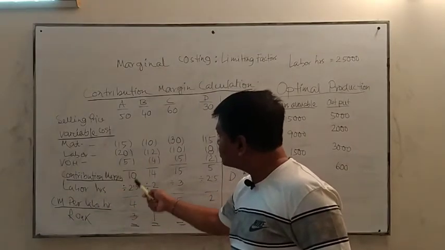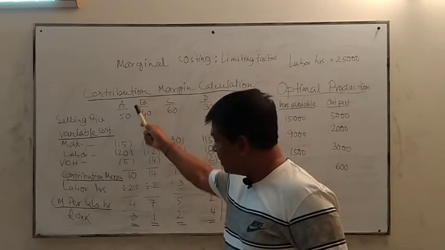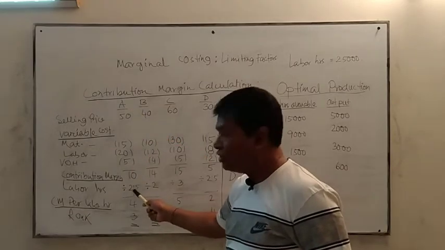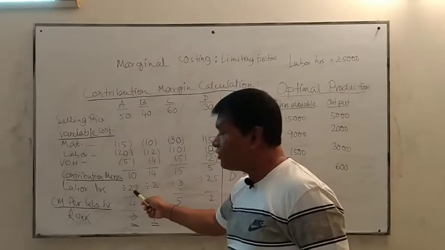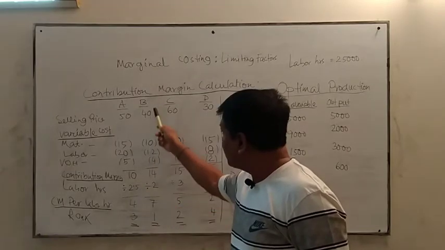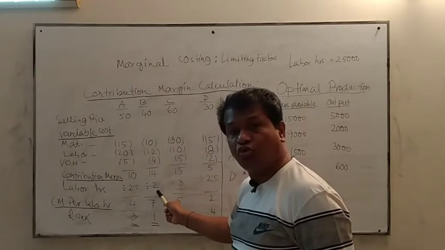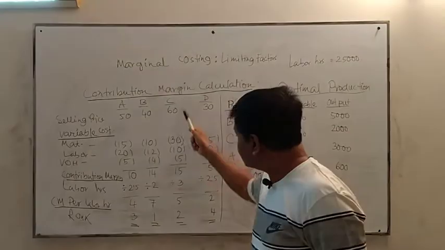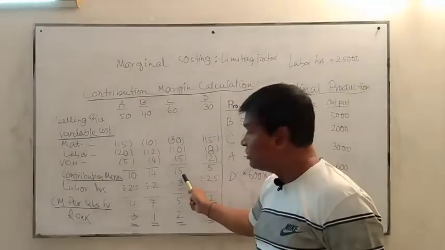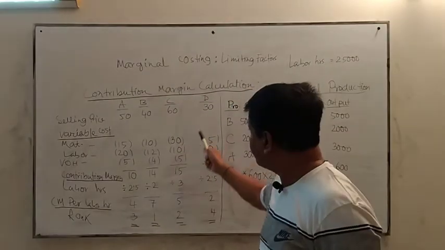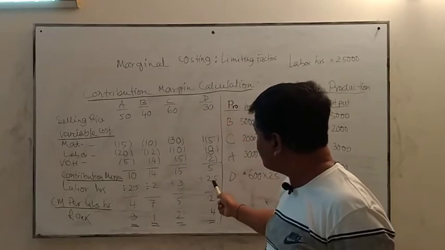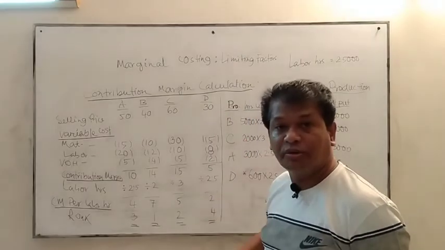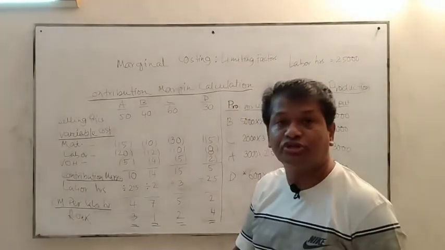Labor hour requires to produce 1 unit of A is 2.5 hours. This is hypothetical, 2.5 hours. Product B, it is to be required 2 hours. Product C, it is to be required 3 hours, and product D, it is to be required 2.5 hours per unit whenever you are going to produce the product.